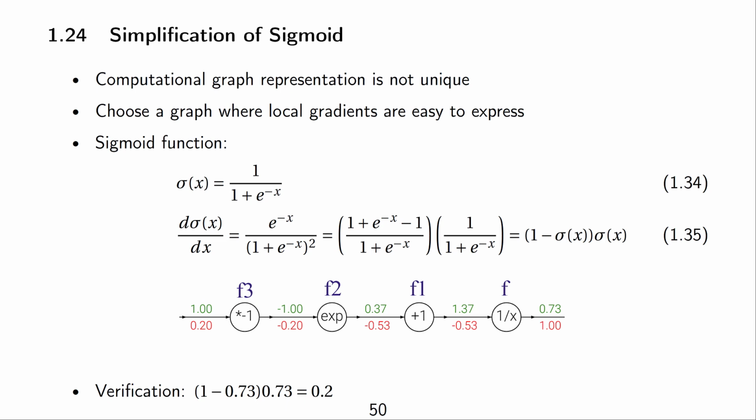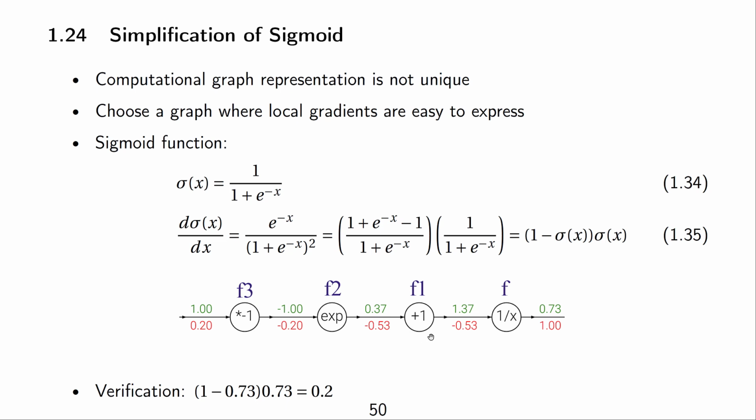So the decomposition of a function into a computational graph is not unique. For example, you can take some of these very elementary nodes and combine them into a more powerful combined node. If you look at a part of this computational graph before, this one here, this corresponds to the sigmoid function.